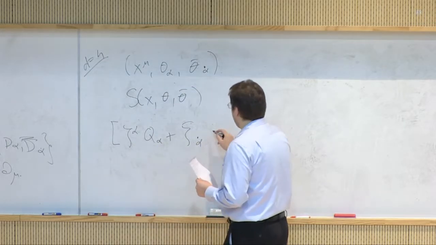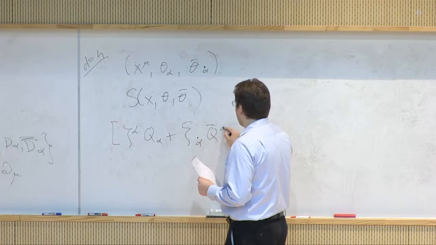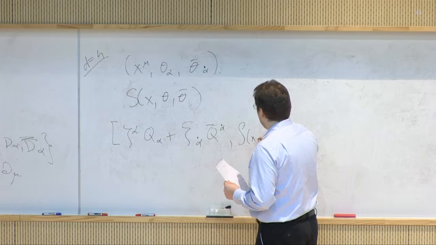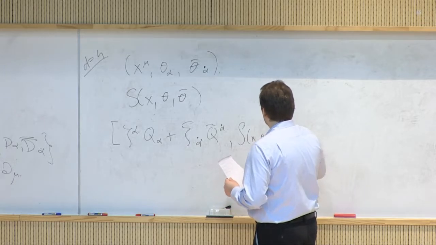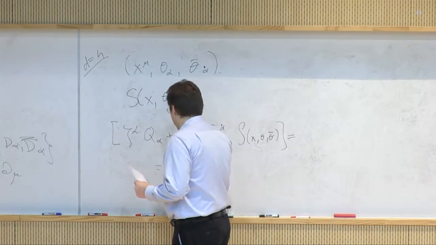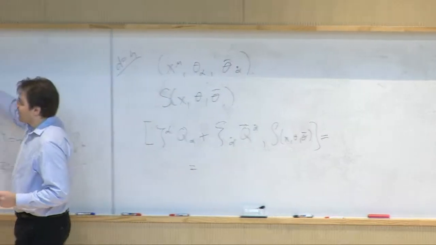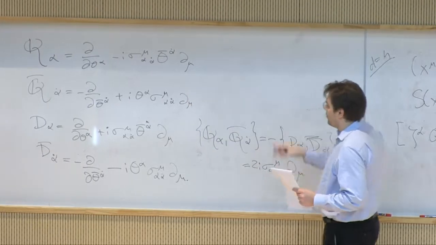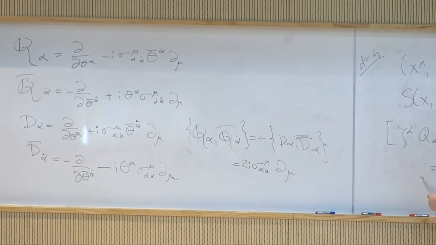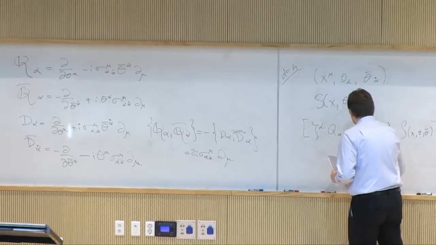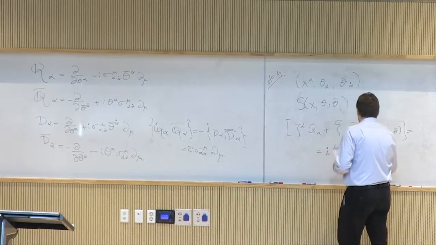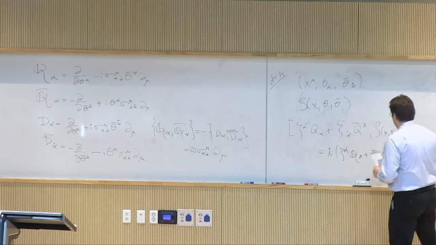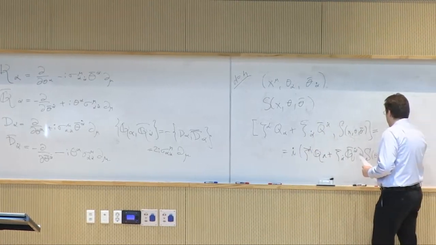The commutator of S with the operatorial supercharges, which I denote by ordinary Q and ordinary Q bar, are given by acting on S with the superspace differential operators boldface Q and boldface Q bar, which I've written over here to remind you what they look like. So this is an implementation of the supersymmetry algebra via differential operators. So essentially by translations in superspace.